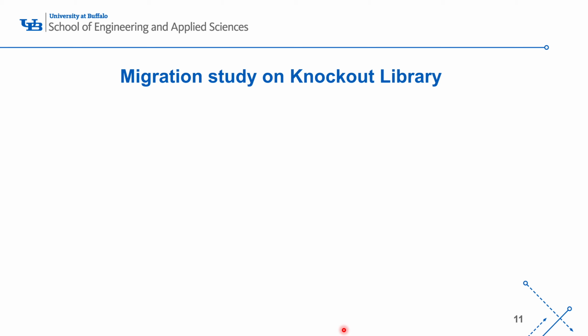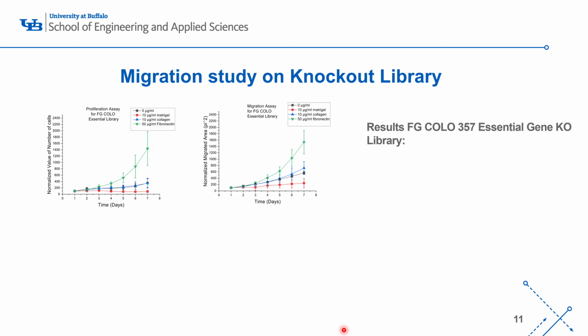Once we have this starting point for which concentrations to use for our knockout libraries, we can see that at 50 microgram per ml fibronectin the proliferation of the essential genes libraries is highest, and the migration is also highest.